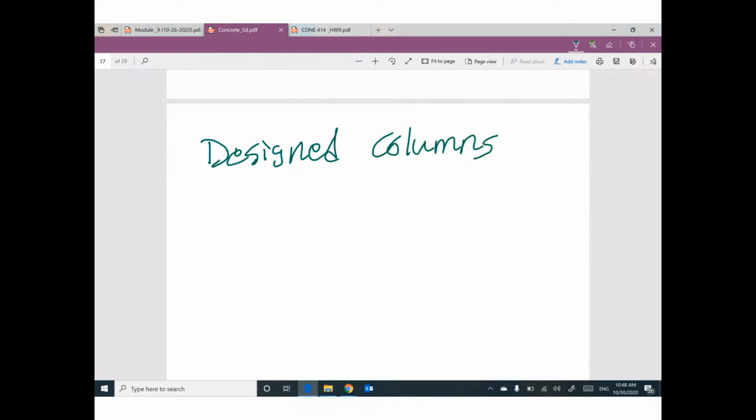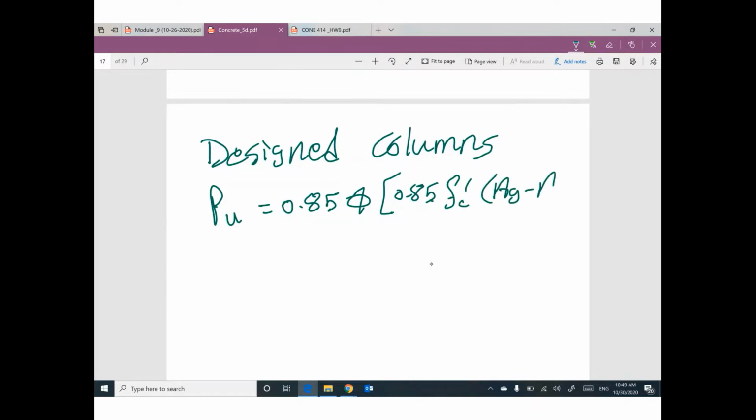That's right. You already finished this step. You already designed the column. So if the column is a short column, short tied column, P ultimate equal, I think, 0.85 phi 0.85, as I remember, F prime C area gross minus area steel plus F yield times area steel.